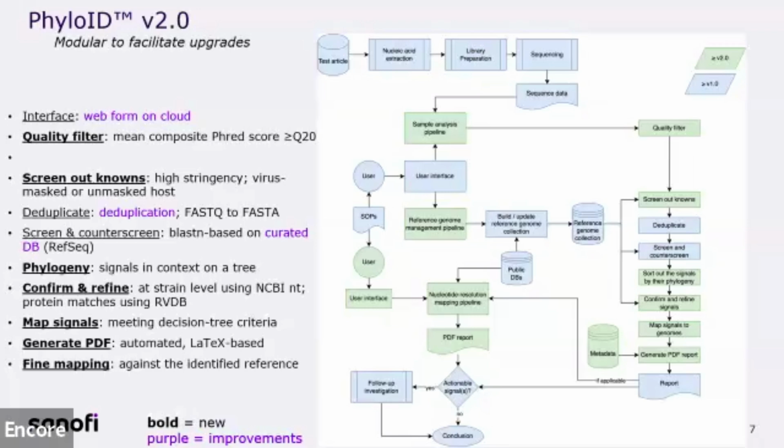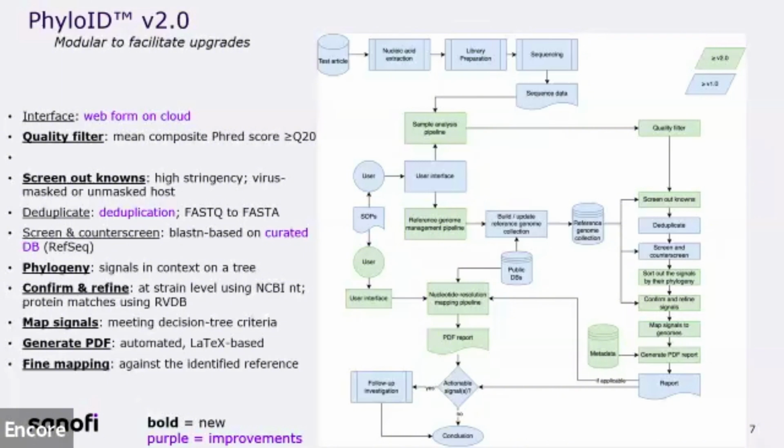The screening and counter screening was the same, except the phylogenomic distance matrices now take 2 days on one node instead of 7 months on a cluster. That was achieved with a K-mer-based approach. In the interim, there had been publications about how to build phylogenomic distance matrices using K-mers. We adopted that, and it made an enormous difference.